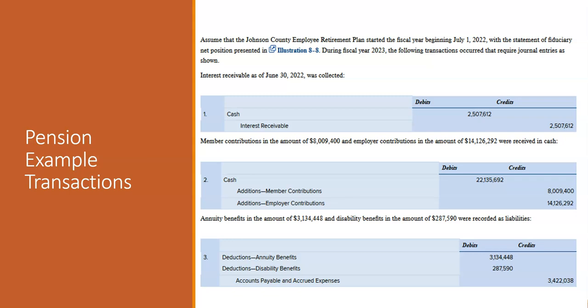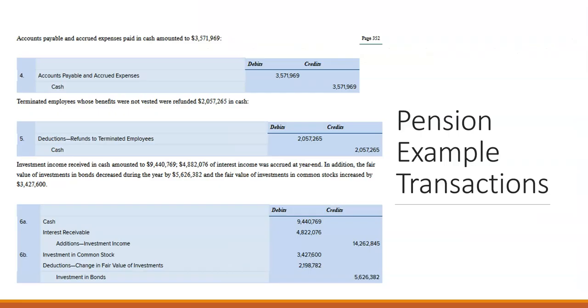And then this last journal entry shows deductions for payments to people who are retired and people who are on disability.